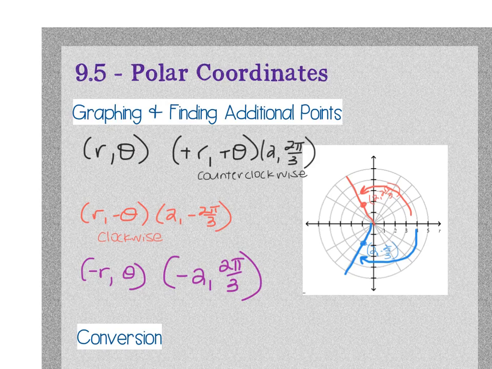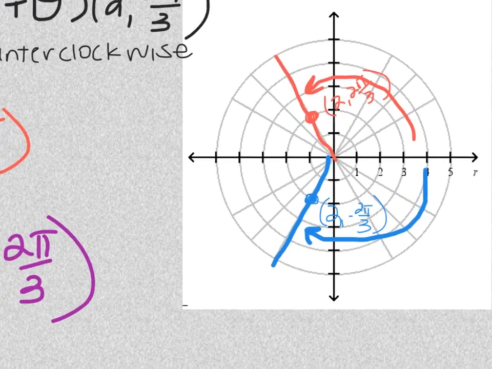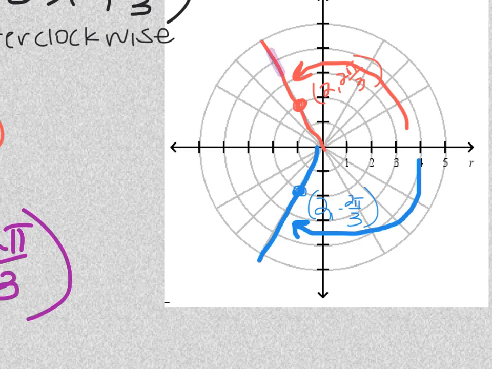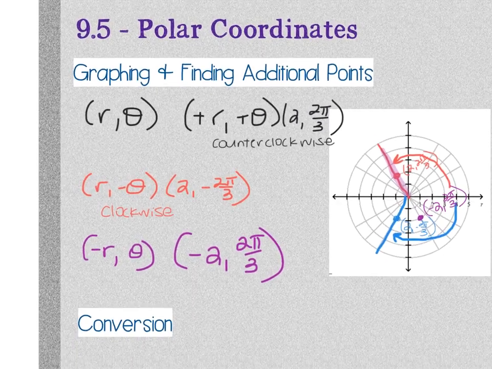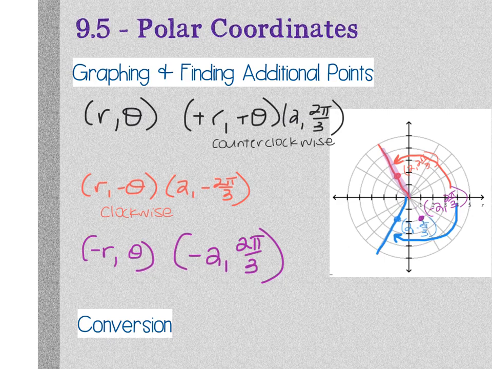So if I had negative 2 and 2 pi over 3, I would go to 2 pi over 3, which is here, but instead of working up that line, I work in the opposite direction on the opposite ray. So a negative r, you move away from the angle. You want to be prepared for any of those. And again, even a negative angle and a negative r, you could see you'd move clockwise, but then you'd move away from it.